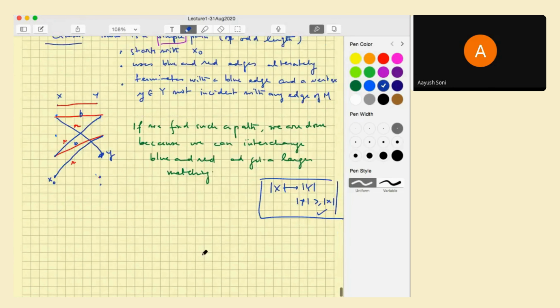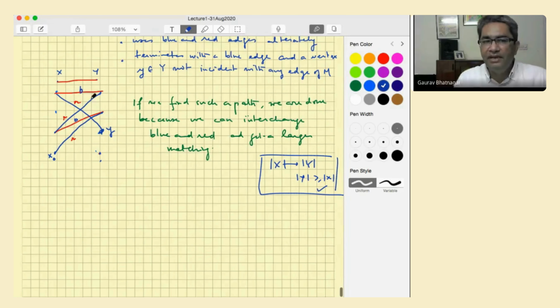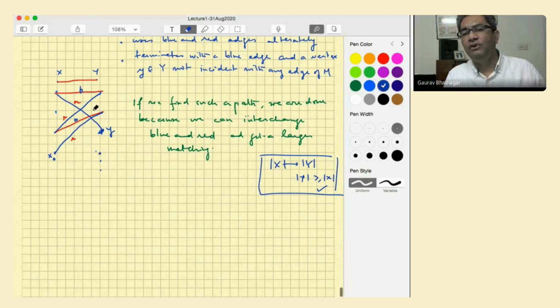Yeah. So this picture, I'm just trying to explain the paths. There may be more vertices, more red vertices and red paths and so on. I'm just trying to explain that once you have such a path, you can flip it and get a better path.